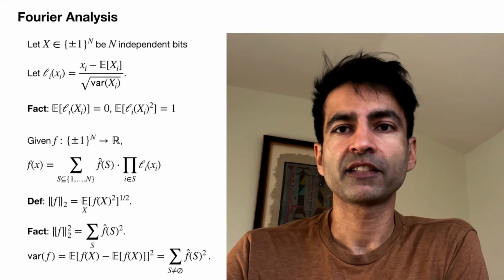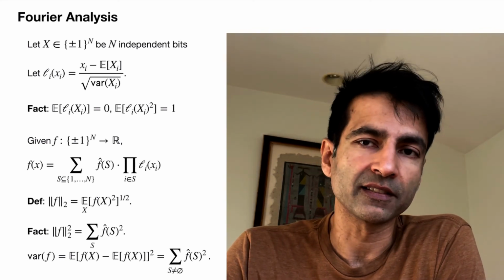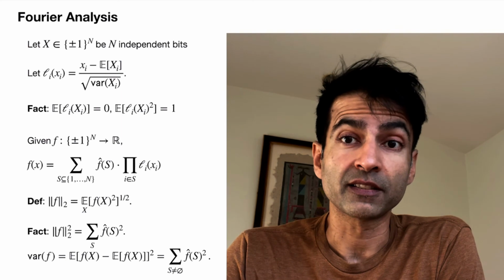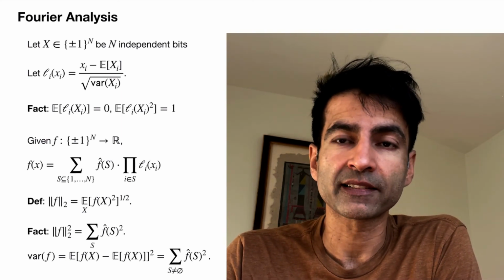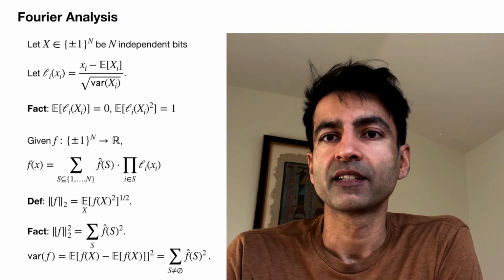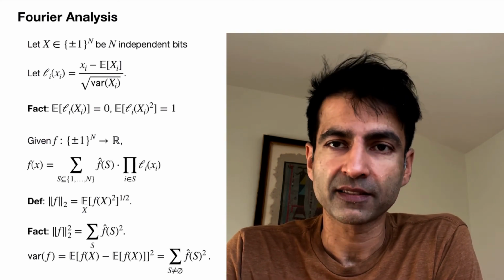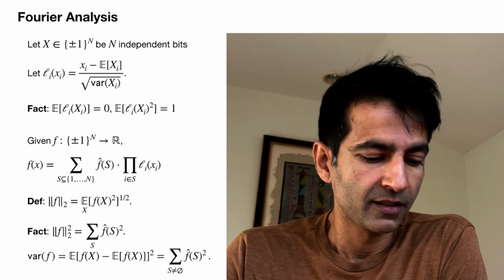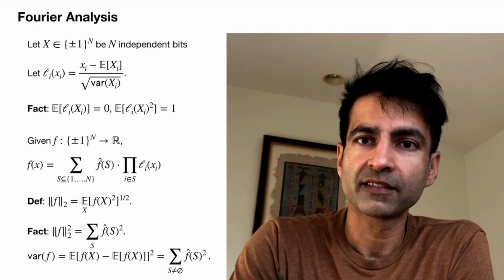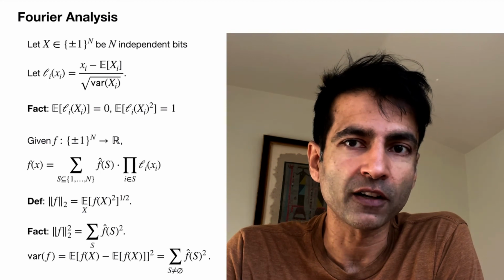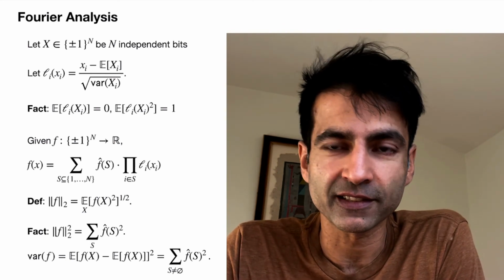So in our application here, we're using Fourier analysis with a distribution that's not uniform. Okay, the coordinates of x are not sampled uniformly. They're all biased bits. So to understand what's happening here, we need a slightly atypical way of using Fourier analysis.